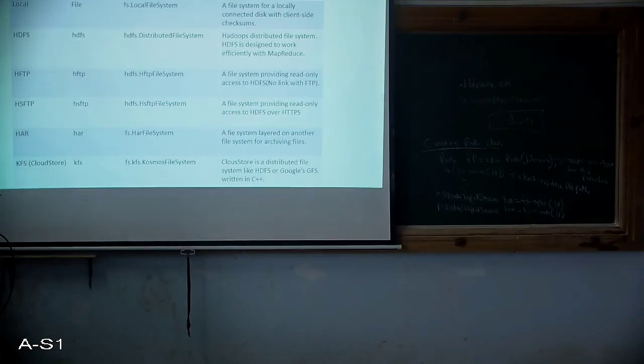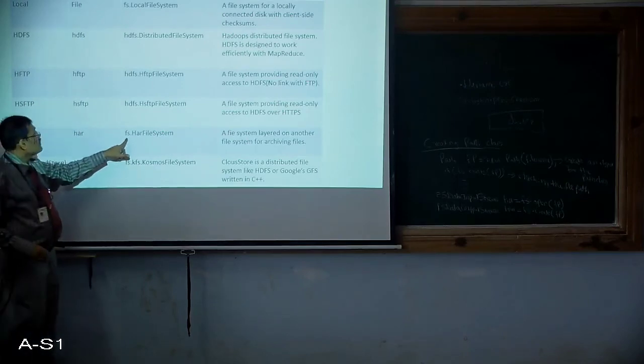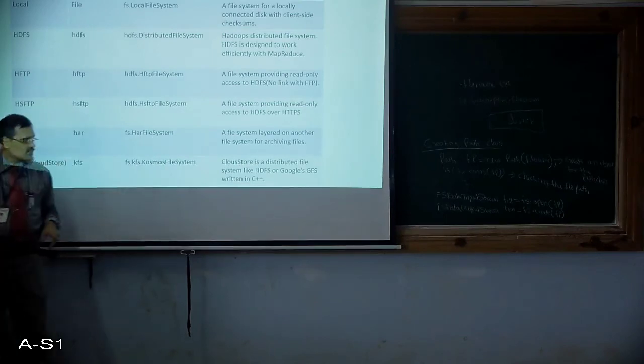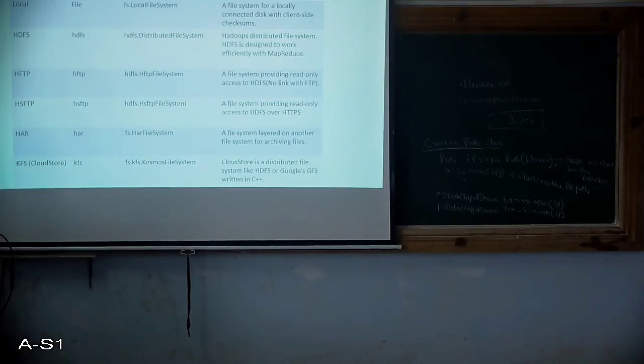So we have seen so far the local file system, HDFS, HFTP and HSFTP. The next one is the HAR file system. The URI scheme is har, Java implementation fs.HarFileSystem. This file system is layered on another file system for archiving files.